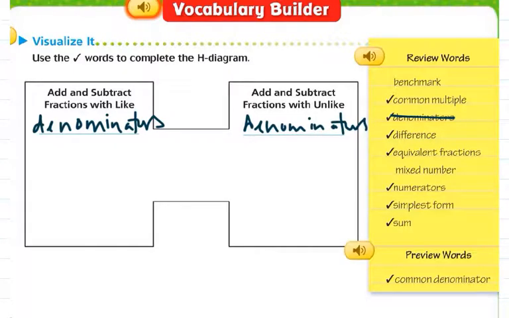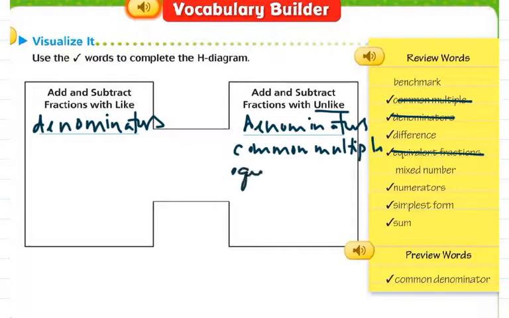So, boys and girls, when the denominators are not the same, we use a common multiple to help us add and subtract the fractions. Also, boys and girls, sometimes that common multiple allows us to create equivalent fractions.